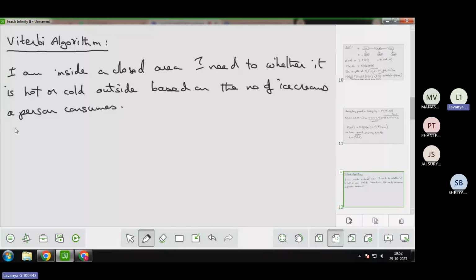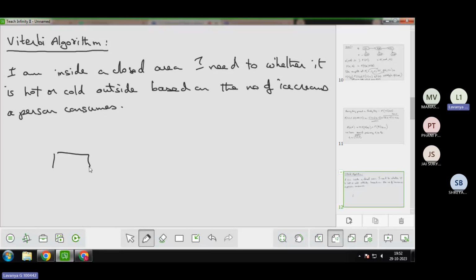So the emission matrix will contribute for both hot and cold as well as the number of ice creams. What I can see is only the number of ice creams that the person is eating. So that is the visible state. What is hidden? Hot or cold. So that is my hidden state.